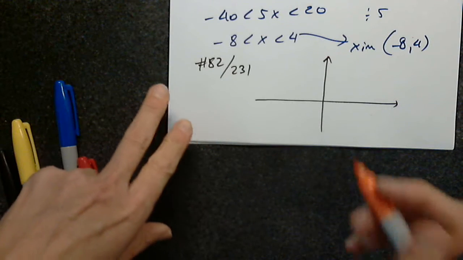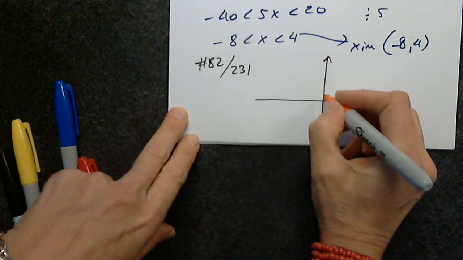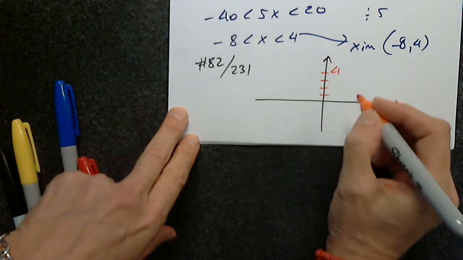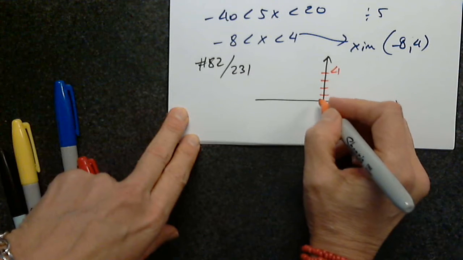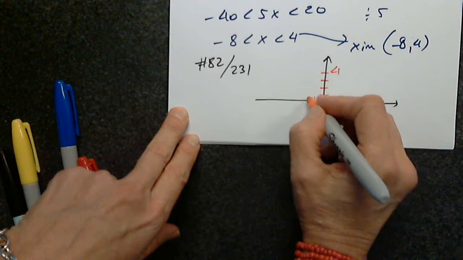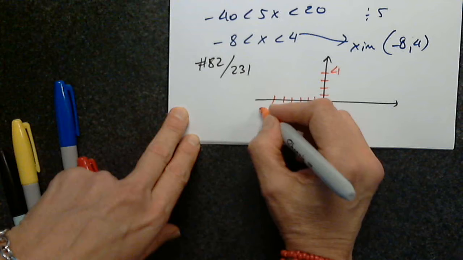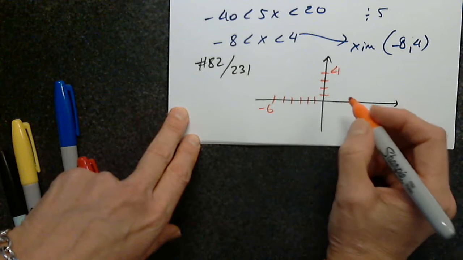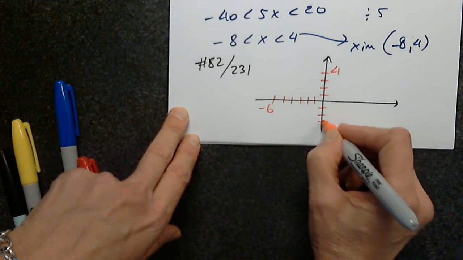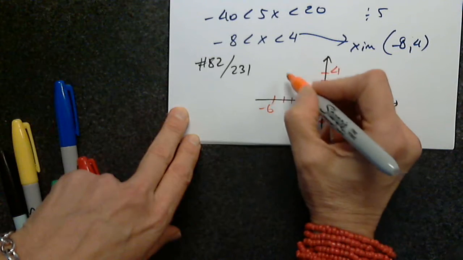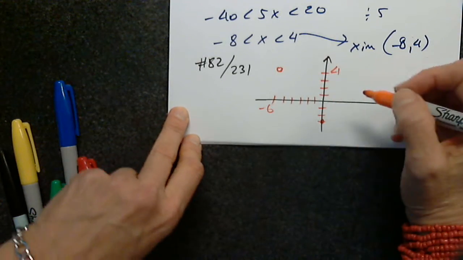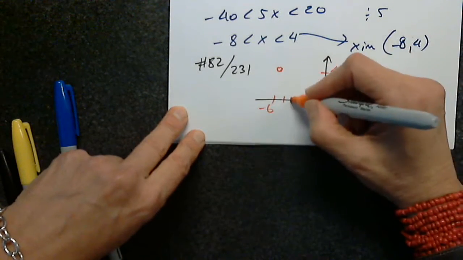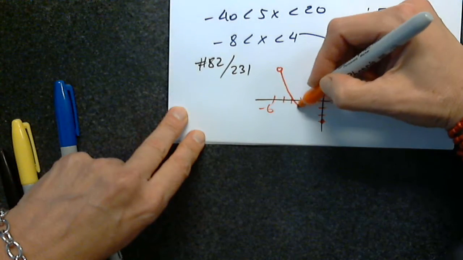That's fine too. So I have 1, 2, 3. And here. Okay, here's the graph.